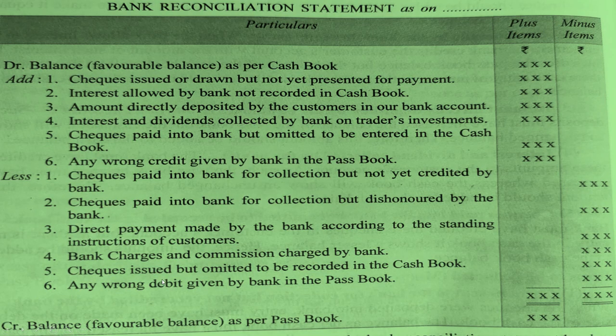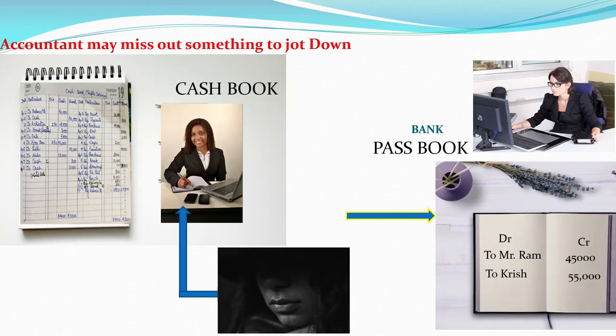The next one is check issued but omitted to be recorded in cash book. Sometimes, due to certain reasons, the accountant forgets to enter the check issued by the entrepreneur, and by mistake the entry is not done in cash book, but the entry is done in passbook because the money gets debited to the passbook.